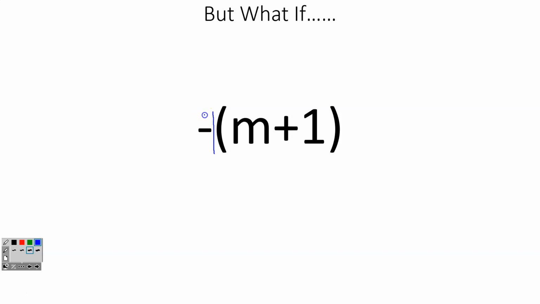So I'm going to do a negative 1 times m. Now there's 2 ways you could write this. You could write it as a negative 1m, or you could just have a negative m. Either one of those is okay. The reason that's okay is because 1 times anything is just anything. So either one of those is okay to use.